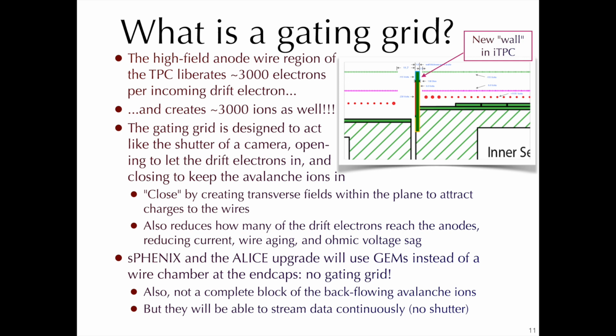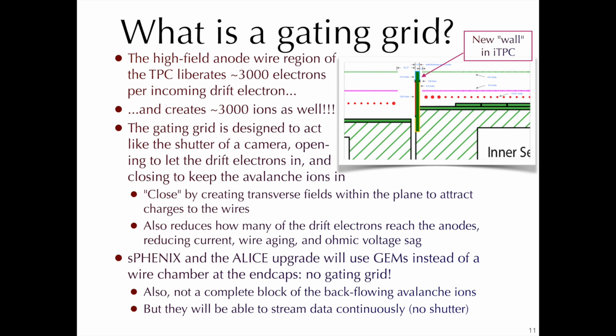So the gating grid is designed specifically to act as a shutter, something that can open and close to allow the incoming electrons and then prevent these ions from coming back out into the TPC. I didn't include a picture of it here, but the closure of the gating grid is actually made to happen by taking alternating wires and raising their voltage or lowering their voltage by 75 volts.